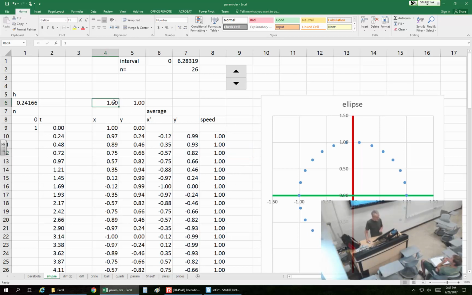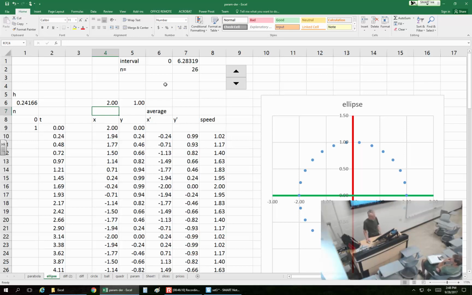So if I change, however, let me change this first into an ellipse. I still have some time. If I change it into an ellipse, unfortunately, Excel resizes the window, so you cannot see that it is an ellipse, but you can see it goes up to 1 and wide to 2. And you can also see how the speed is not constant anymore.